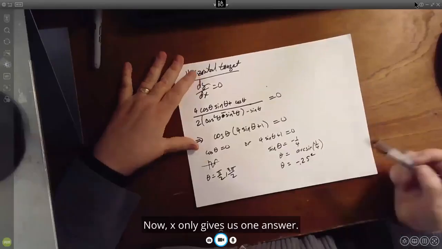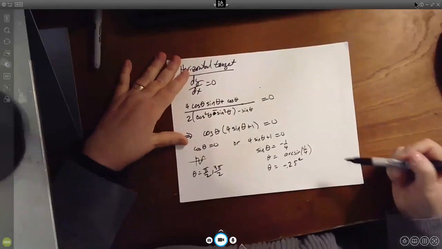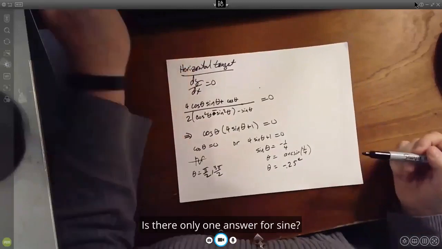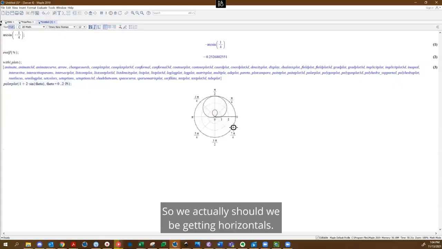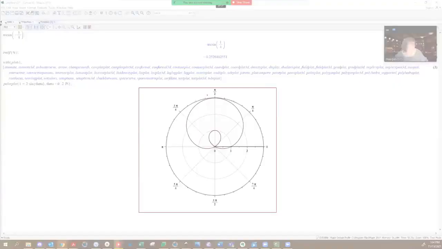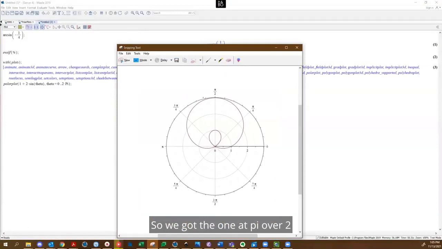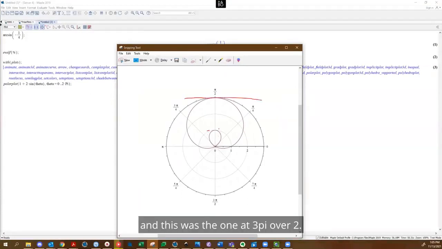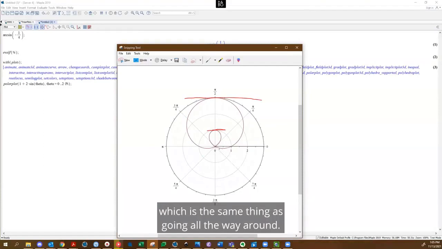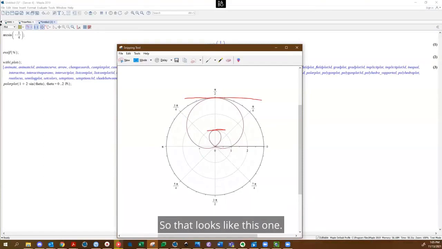Now, arcsine only gives us one answer. Is there only one answer? Sine. So where should we be getting horizontals? We got the one at pi over 2, and the one at 3 pi over 2. We have one at negative 0.25 radians, which is the same thing as going all the way around, so that looks like this one, and we should have another one over here.